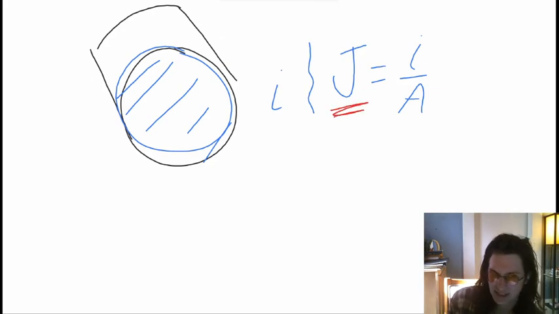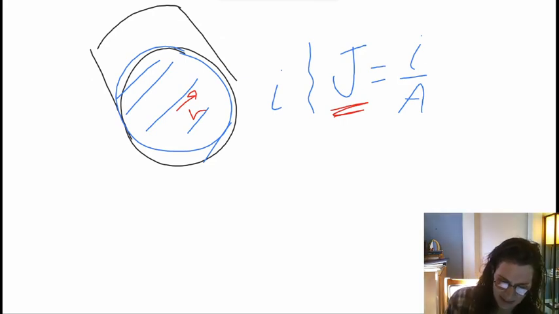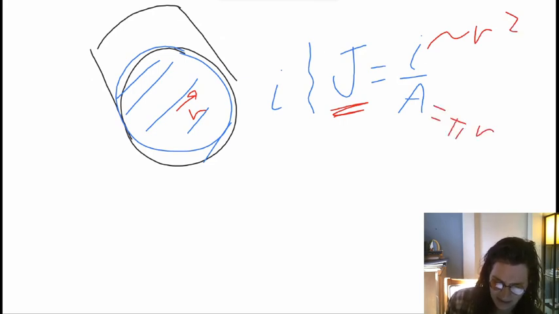So this is your current density. Current density could be a function of R, possibly. But in this case, I see that the current varies directly with R squared. So my current up top is going to be proportional to R squared, and my area on the bottom is going to be equal to pi R squared because it's a circle, right?